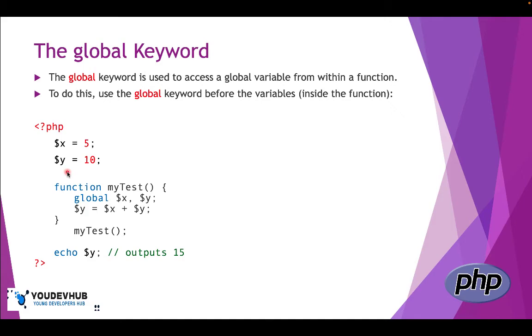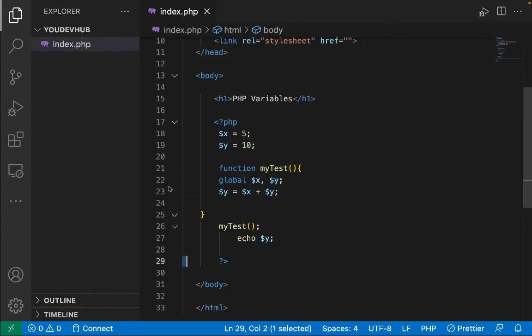Let's see it out in the real code. Alright, so we have it here now. Like I said, the global keyword brings the value of x and y into the function and allows you to output it outside the function. So let us run it and see what it's going to look like.